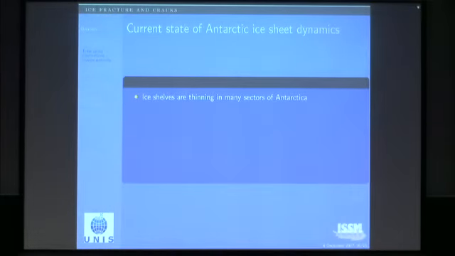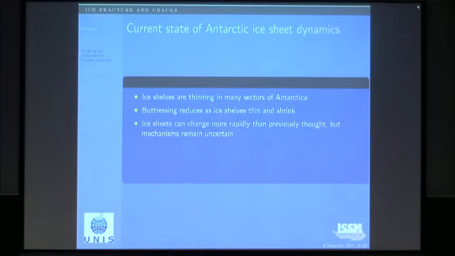So that sets the stage a little bit for why we want to talk about ice shelves. They're thinning in many places in Antarctica. We know that the buttressing reduces as ice shelves thin and shrink. The changes in the dynamics of the ice sheet are quite rapid, more rapid than previously thought.